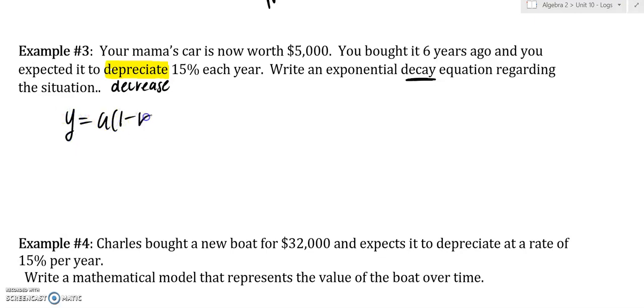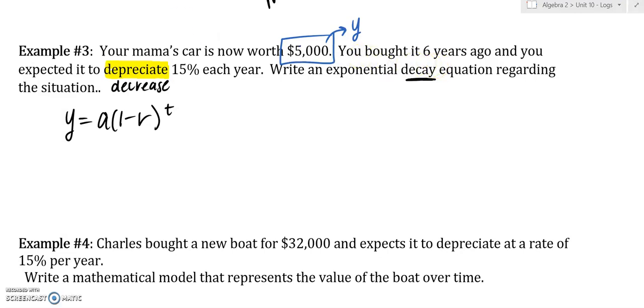Your mom's car is now worth $5,000. So after all this time she had this car, it's now worth $5,000. That's how much it's worth now, like the final.